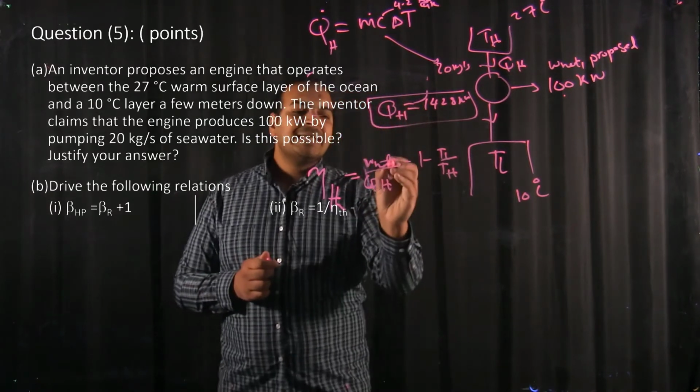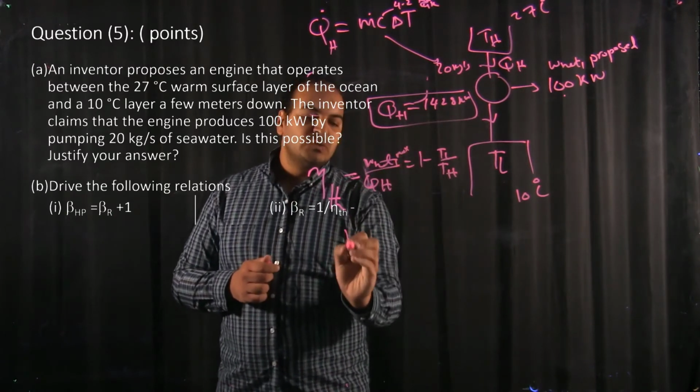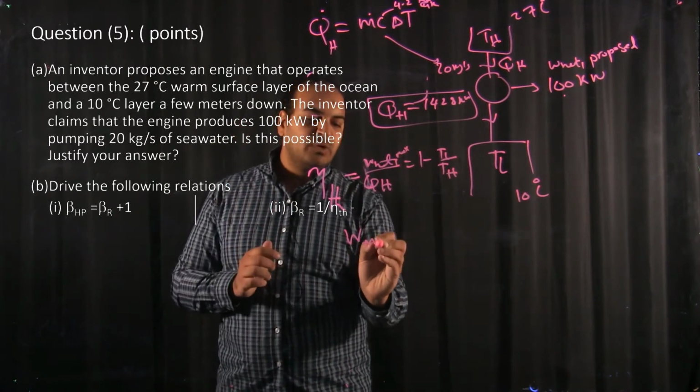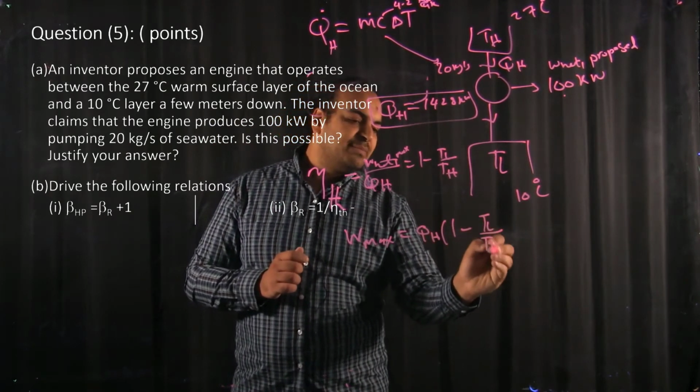So let's get the maximum work he can get. If we assume this equals this, it is the maximum work. Forget about his work now. The maximum work I can get is Q high times 1 minus T low over T high. That's the best thing you can do.